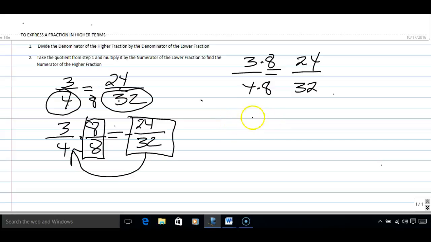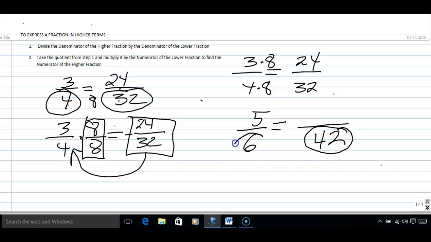Suppose I have 5/6. And suppose I want to write it in terms of a fraction with a denominator of 42. So I'm going to divide the denominator of the higher fraction by the denominator of the lower fraction. 42 divided by 6 is 7.